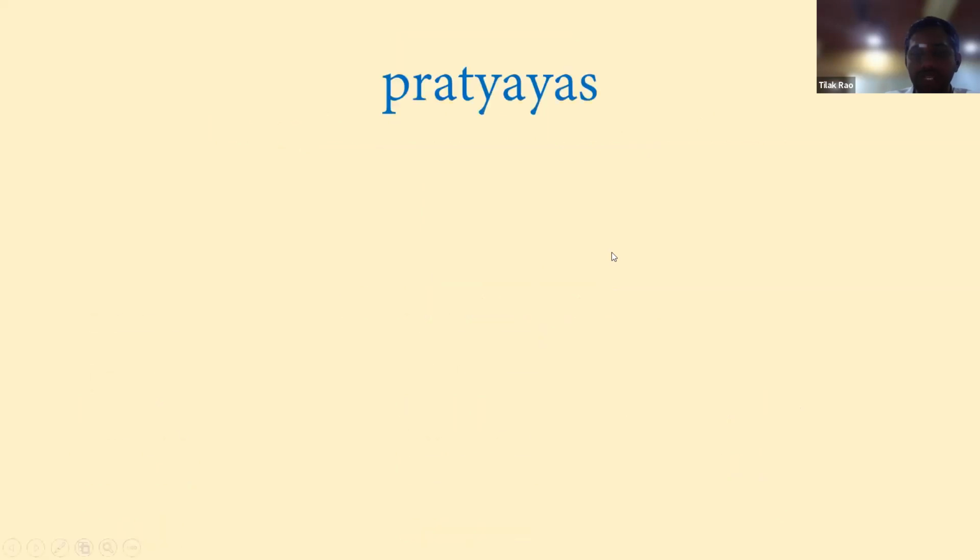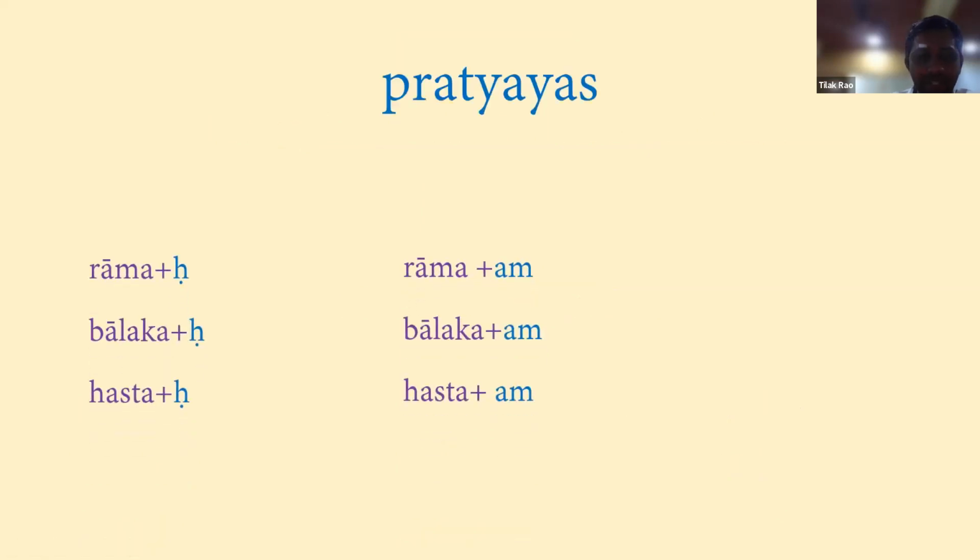So what Panini did, he identified these common elements and called them pratyayas. There are sentences, and we can't count how many sentences there are. And there are words, even words are uncountable.